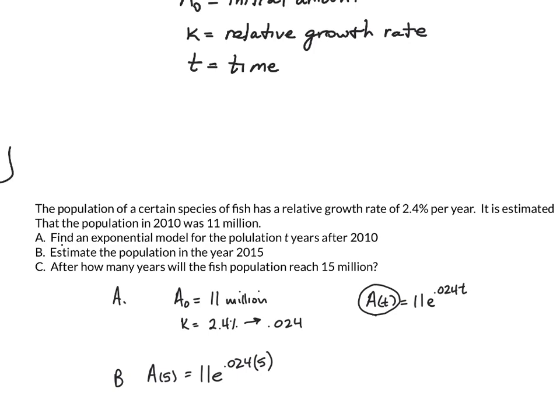If you want to break it down into pieces, you would multiply the exponents first and then raise e to that power, then multiply it by 11. And whatever value we get, remember, is in terms of millions. And from this we get about 12.4. So that's 12.4 million fish.